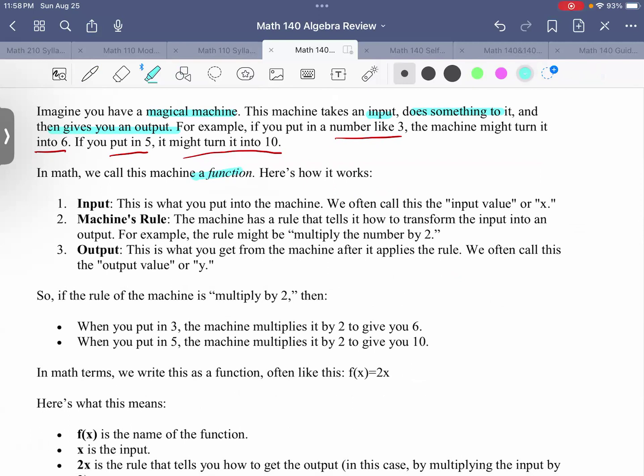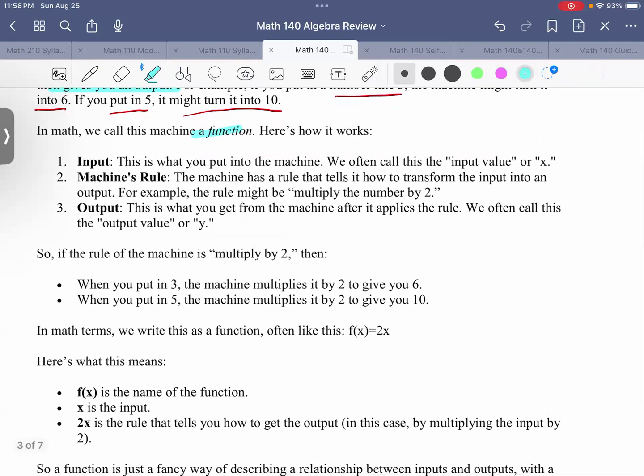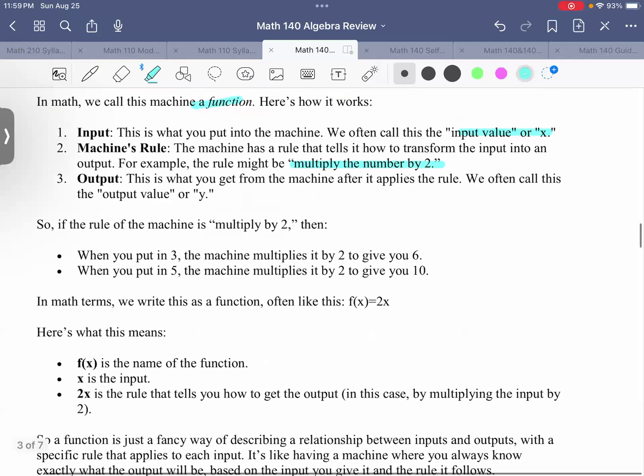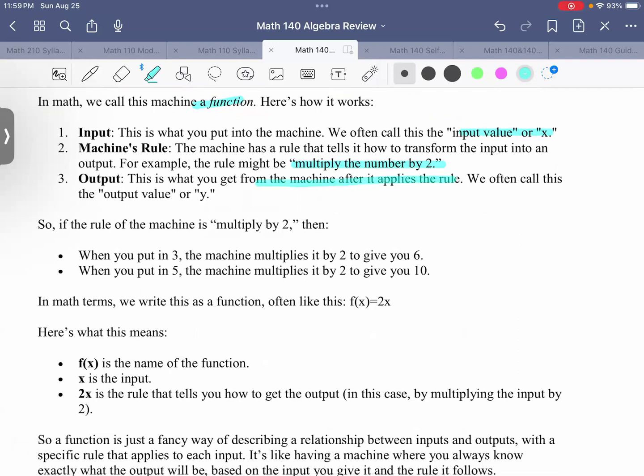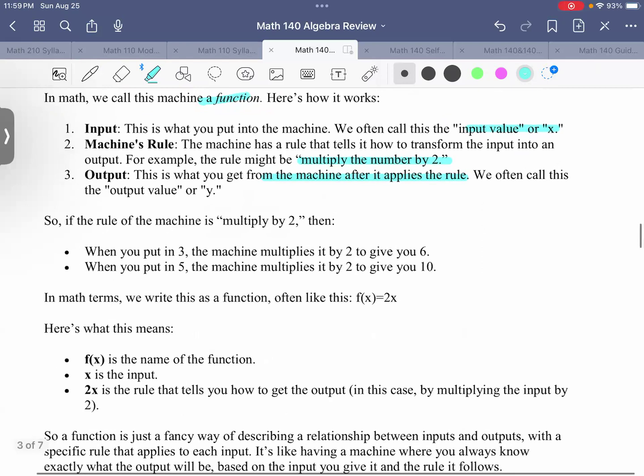Okay, so here's how it really works. Input is what you put into the machine. You could think about it as an input value, or x. X is always our input. The machine's rule tells you how to transform the input into an output. For example, the rule might be multiply the input by 2. Output is what you get after the machine applies the rule. After you plug in the input, the machine does the rule, and what you get out is the output value, what we typically call y.